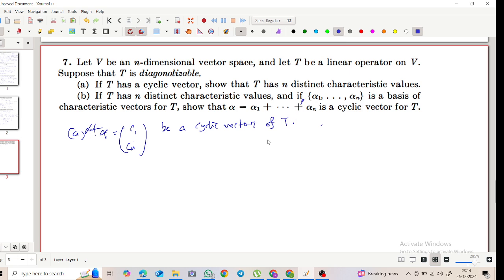Since T is diagonalizable, with respect to some ordered basis beta, T beta is diagonal.